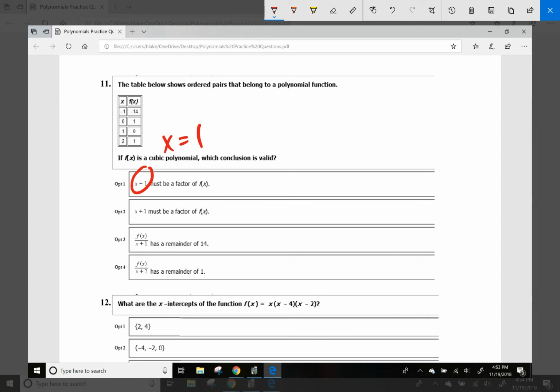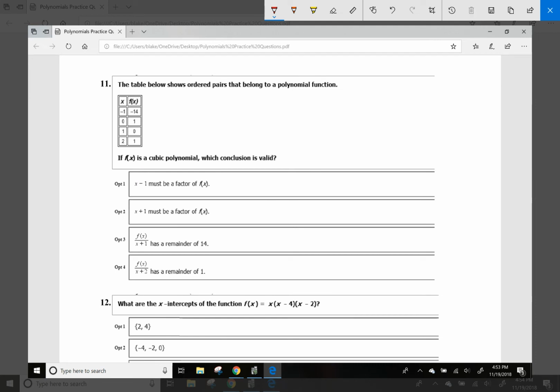Now, it says must be a factor. So if it's a factor, then the y value there would be 0. On my table, you can see I've got x equal to 1, y equal to 0. And that's exactly what option 1 is pointing out. So option 1 is probably our answer. But let me explain the other options as well so you can get a fuller understanding.